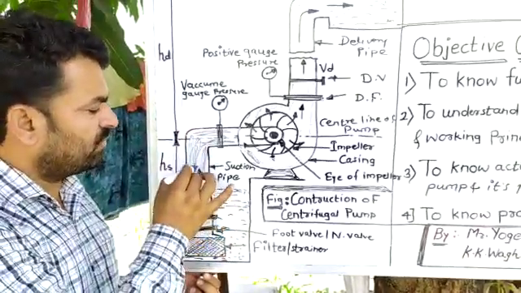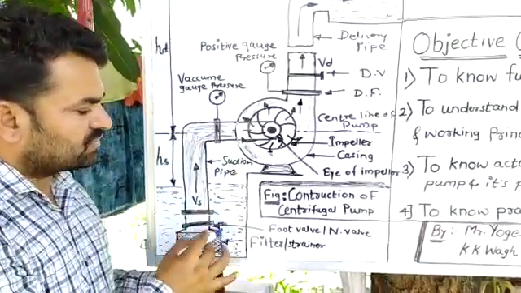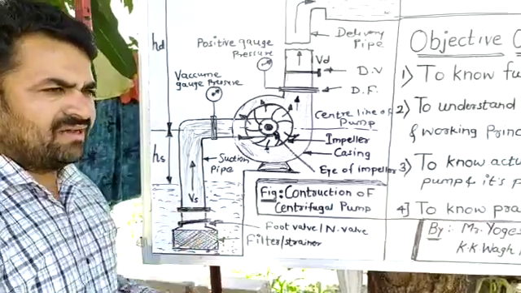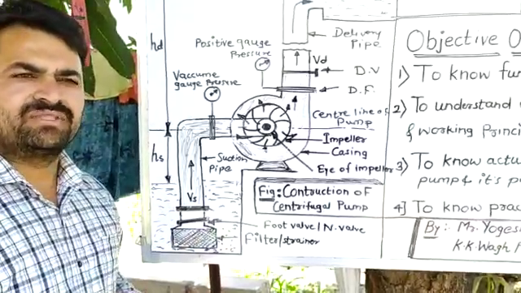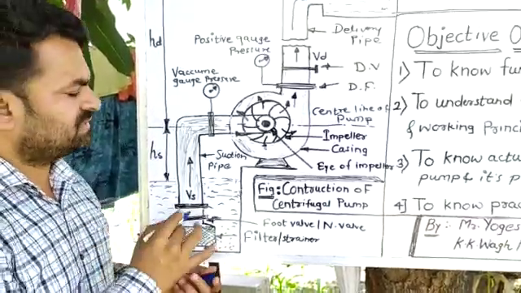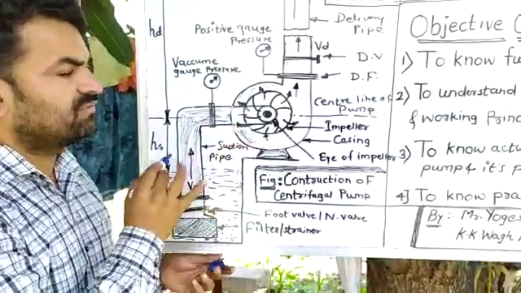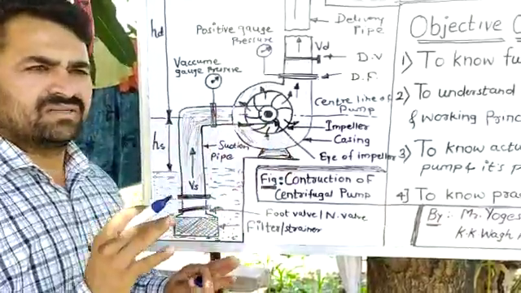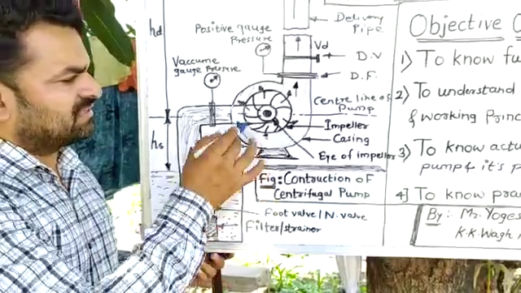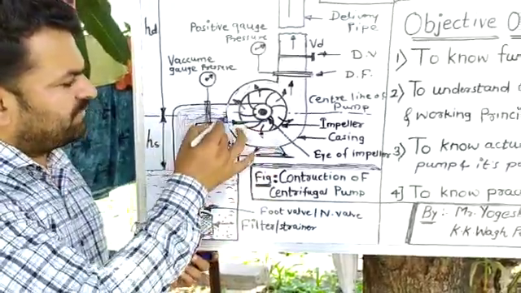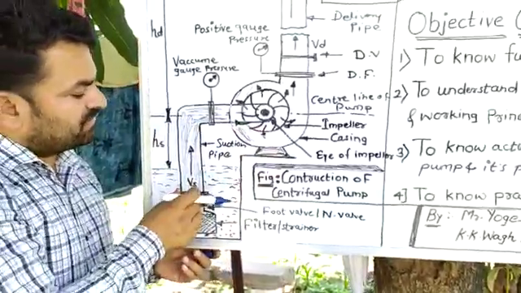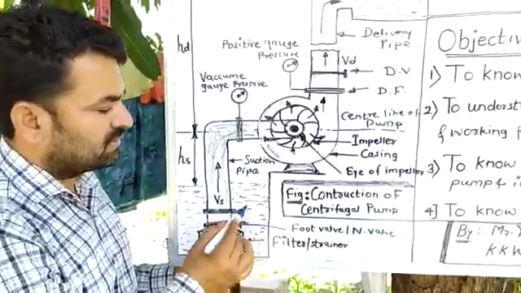It will never flow in the downward direction because of this foot valve. In other words, the foot valve plays a very important role in priming. This pipe will always be full of water, even when the pump is in the stop condition, because of this foot valve.